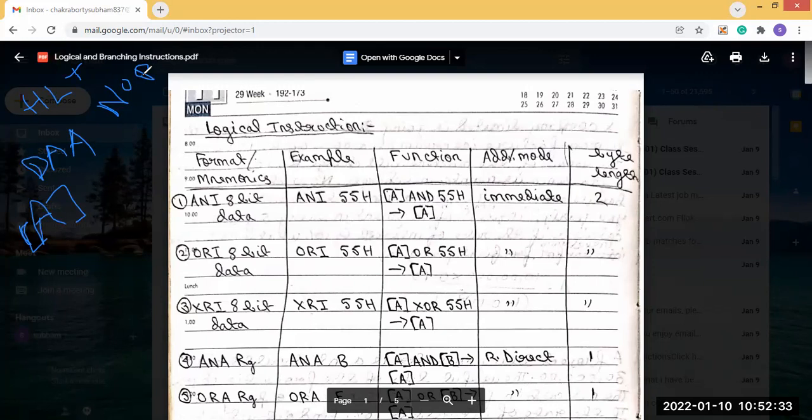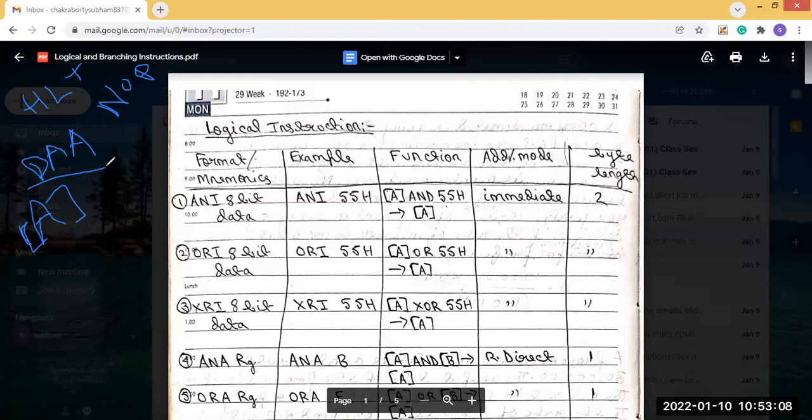No numerical value is present for them, so the length will be 1. So that is all the arithmetic instructions we have. This is all about our arithmetic instructions.